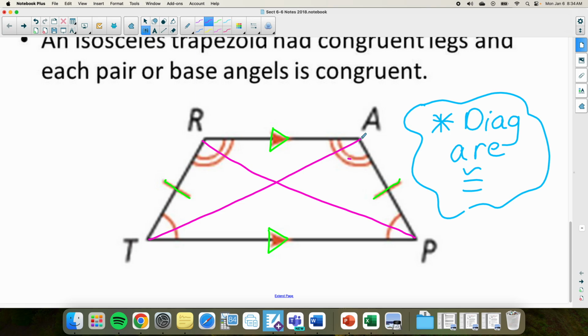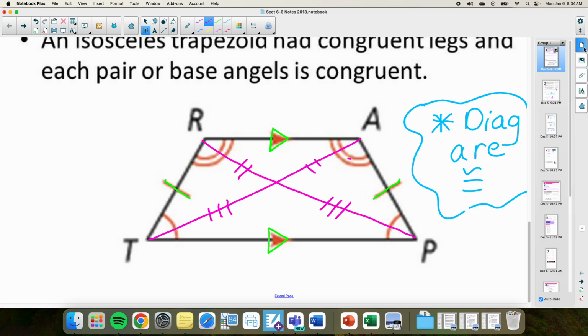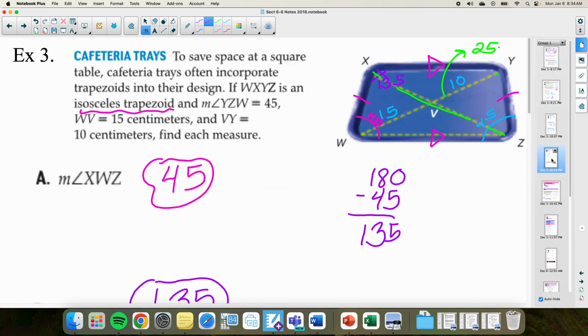What you know about these diagonals is not only are the whole diagonals congruent, but the other thing you know about them is these two pieces are going to be equal, as well as these two pieces are going to be equal. So that is what we're going to use to solve this problem.